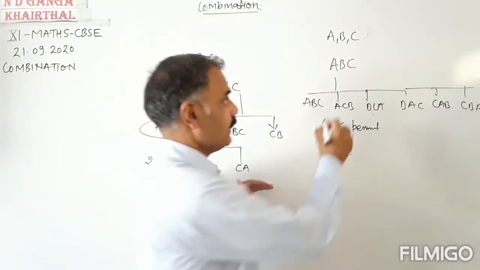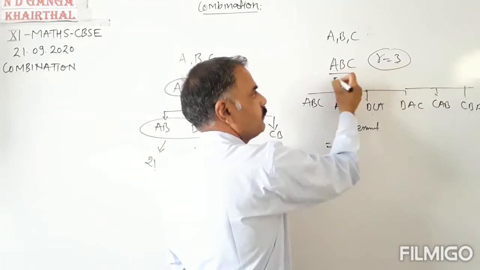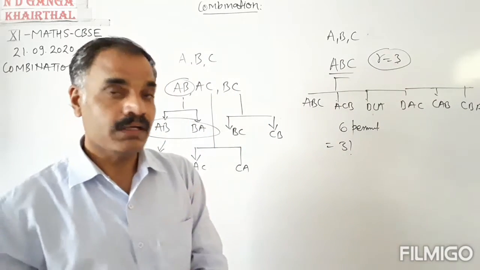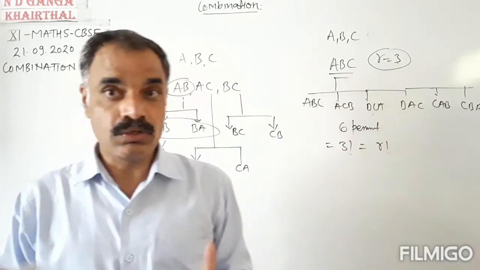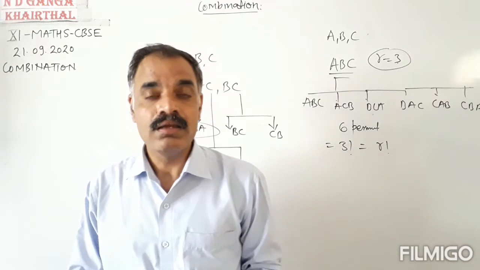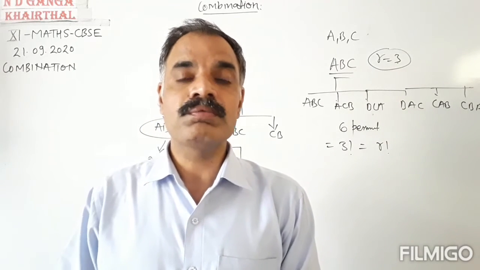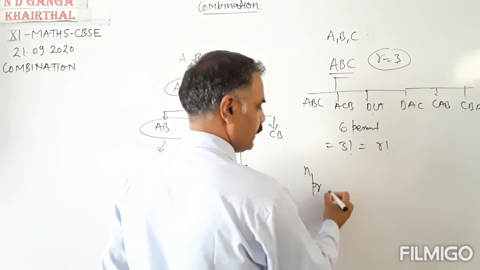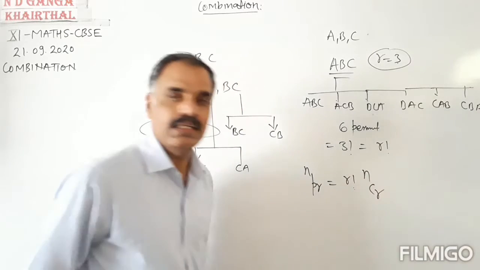Means when r is equal to 3, the number of combinations is only 1 and the permutations equal factorial 3, that is factorial r. So the number of permutations is factorial r times the combination. Means the number of permutations, that is nPr, is factorial r times the combination, that is nCr.